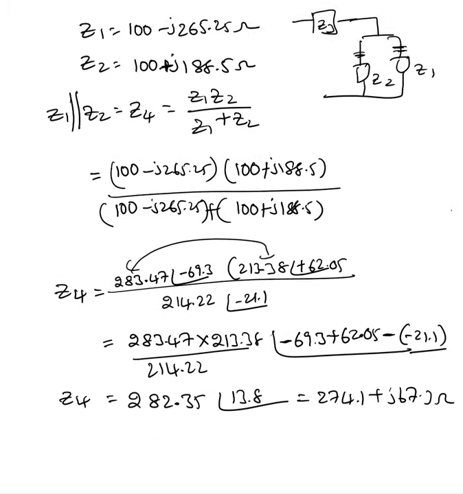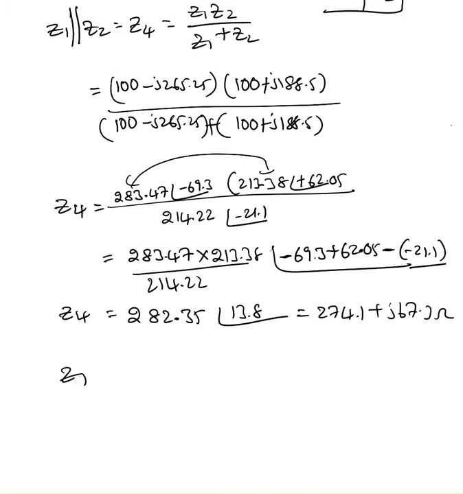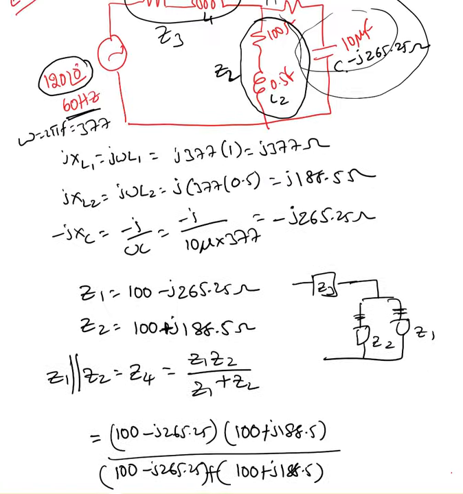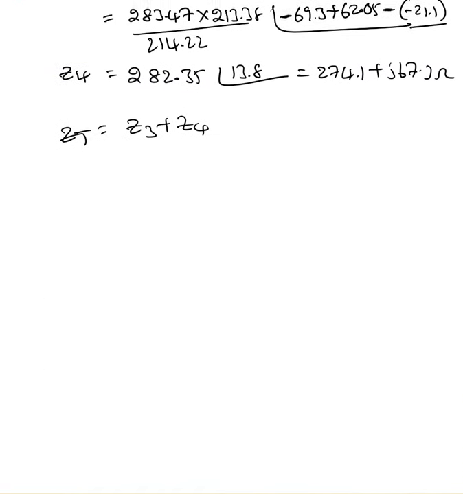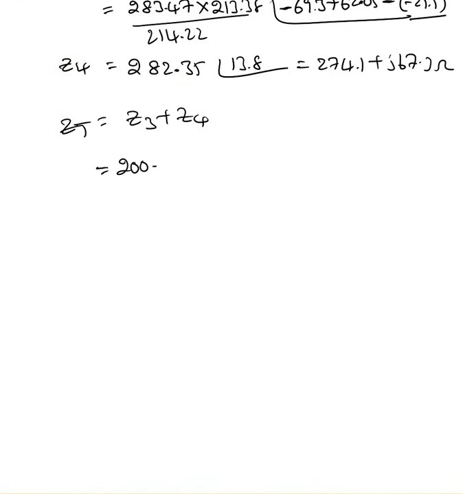Okay, now Z total equal to Z3 plus Z4. What do we have? Z3, 200 plus j 377, plus Z4 is 274.1 plus j 67.3.